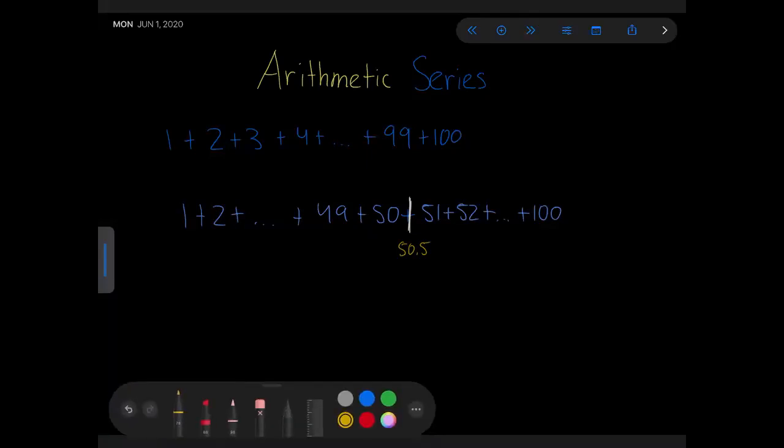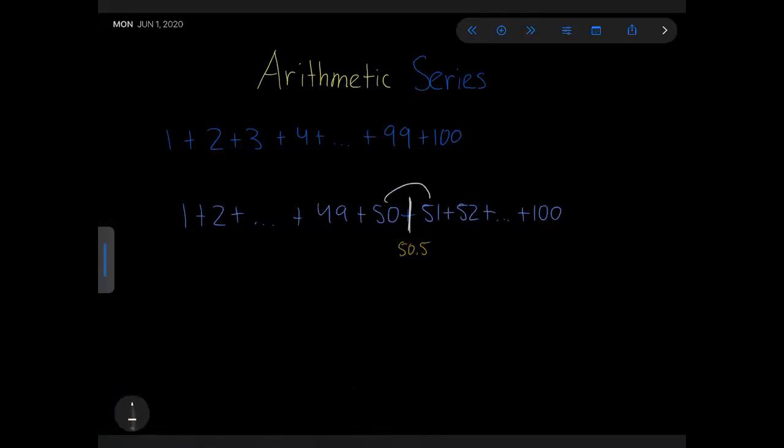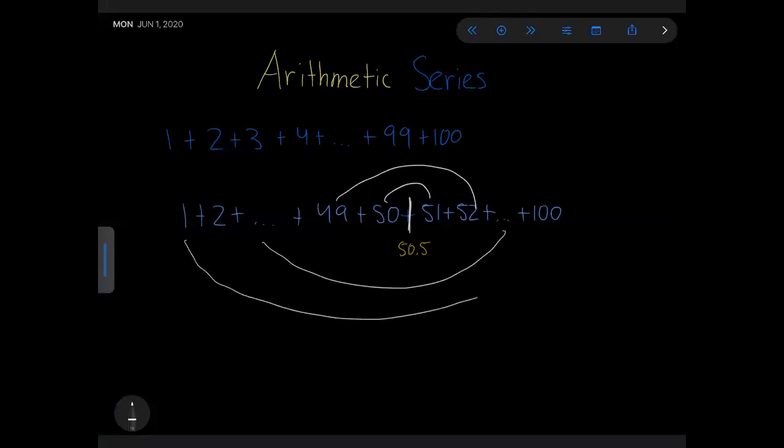Then these two terms average to 50.5. These two terms also average to 50.5. This happens every single time. And then finally, these two terms average to 50.5. Everything averages to 50.5. That is the midpoint of this arithmetic sequence.